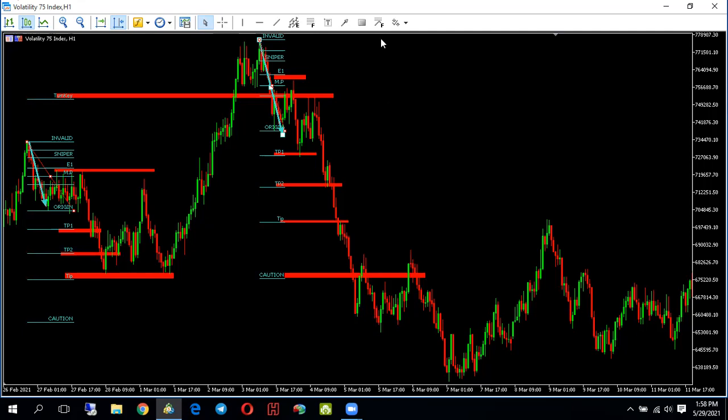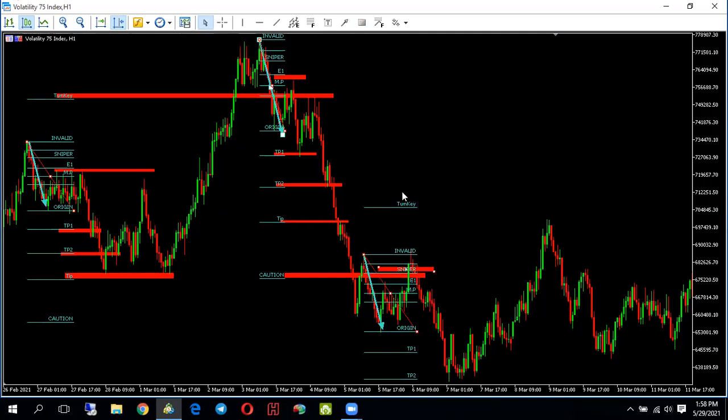So I'm just going to go further. I'm just going to break down some more moves so that you realize that what I'm showing you is legit. And then this is my sniper level.